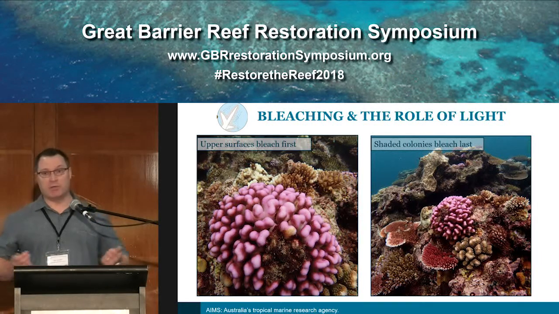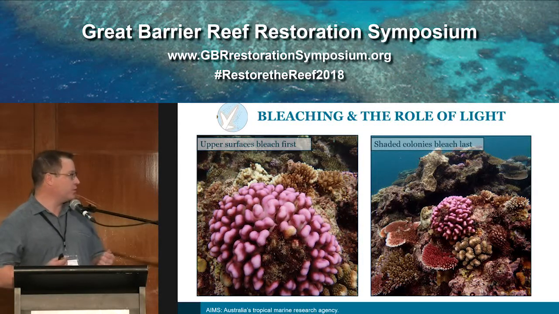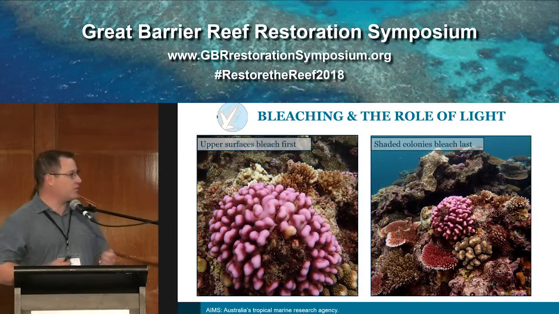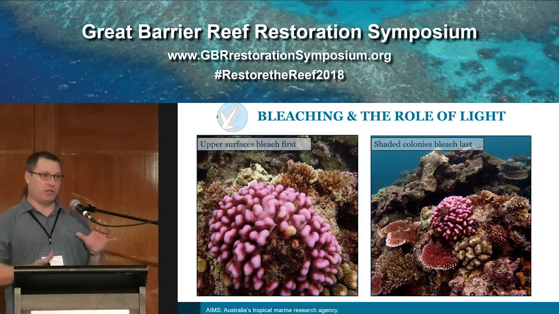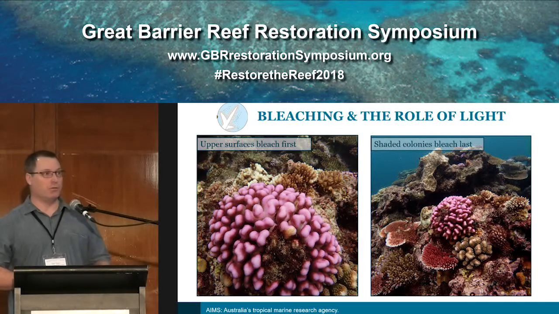They're pink now because they're producing fluorescent pigments to try and sunscreen and protect the host tissue. From a community perspective, we also see that colonies shaded by the slope and topography of the reef will bleach after the colonies on the top of the reef. So light definitely plays a key role.